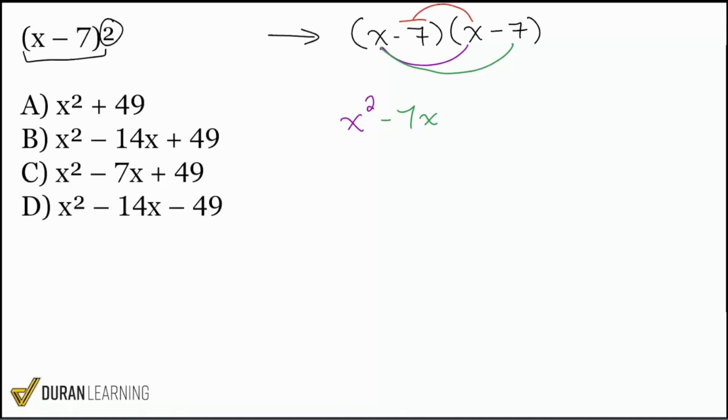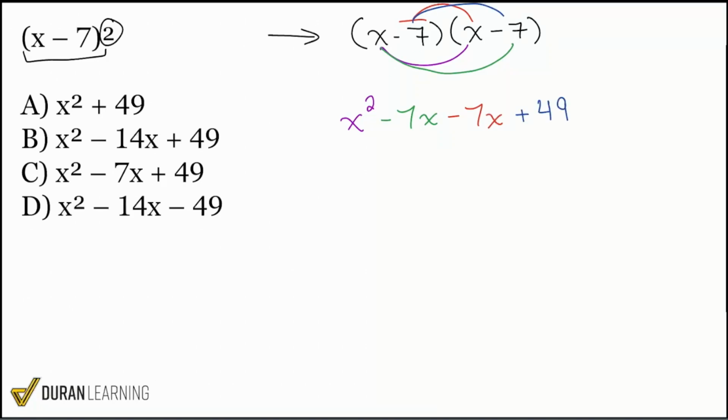So negative 7 multiplied by x is negative 7x. And then negative 7 times negative 7. Well, a negative times a negative is a positive, and 7 times 7 is 49, so that's going to be plus 49. And there we are, everybody. And just to be consistent with the colors, give me 2 seconds. I'll go ahead and swap that out with blue, but that'll be plus 49.